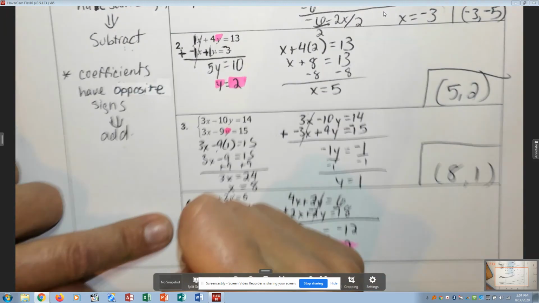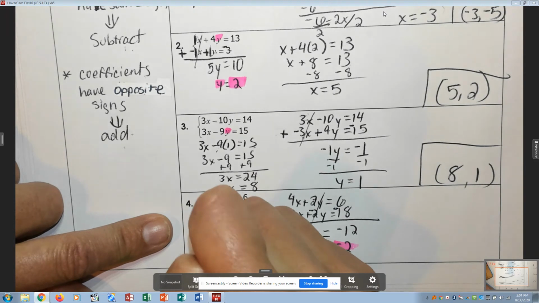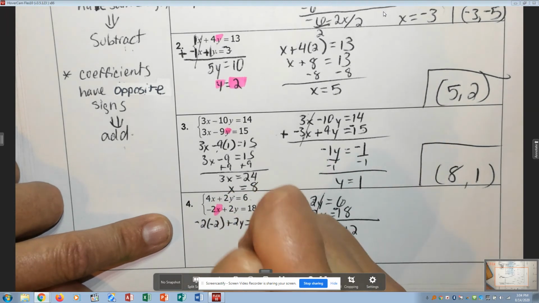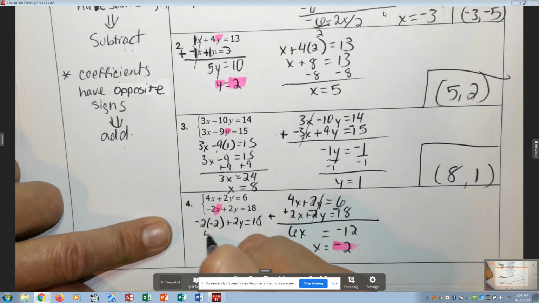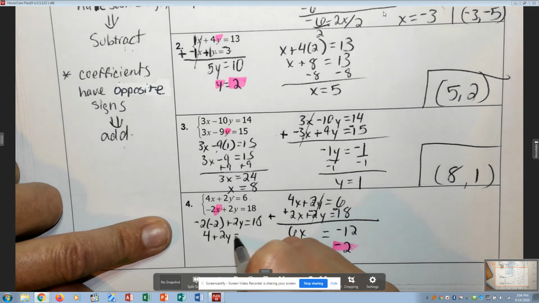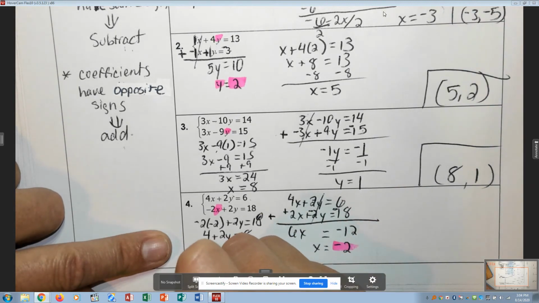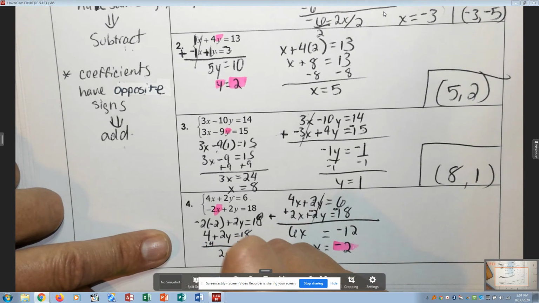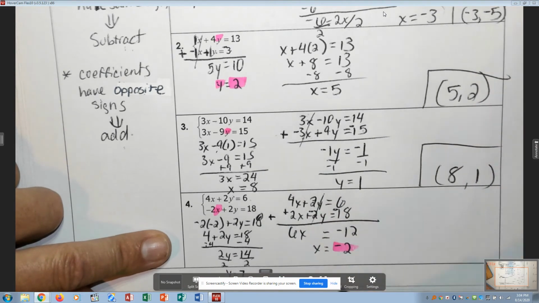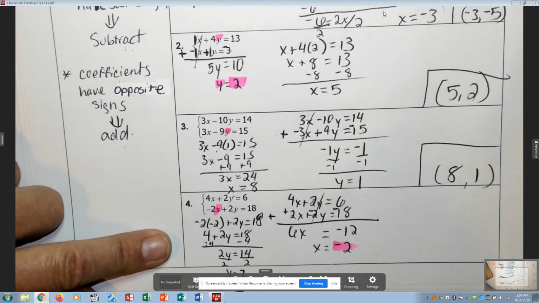I don't like dealing with negative numbers. All right, so I get 4 plus 2y equals 18. Subtract 4, subtract 4. So now I get 2y is equal to 14. Divide by 2, divide by 2, y equals 7. So my x-coordinate is -2, my y-coordinate is 7.